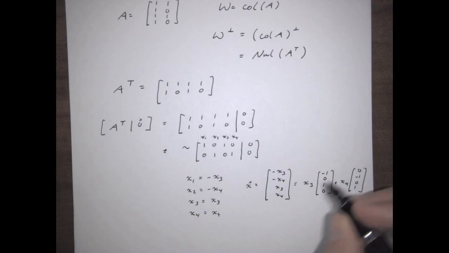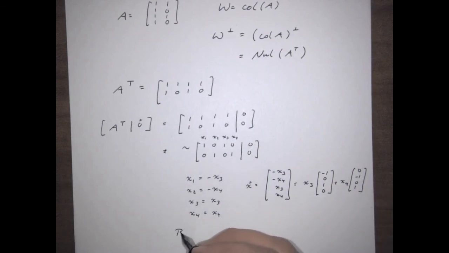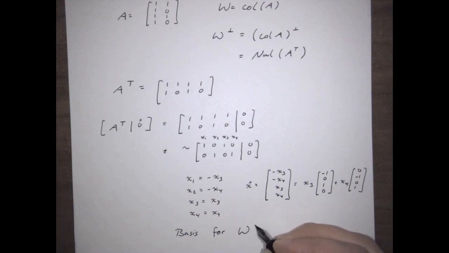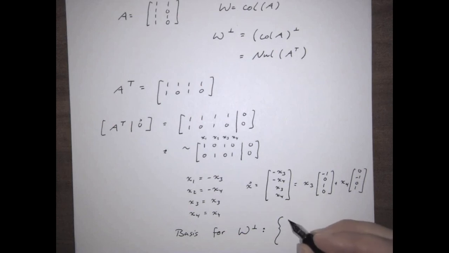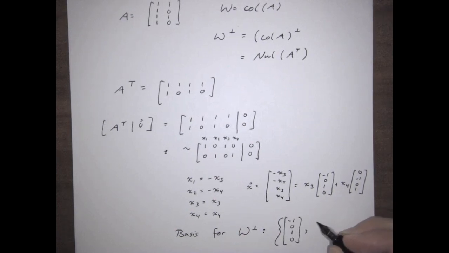And so this is going to serve as our basis. Our basis for the null space, in other words, the orthogonal complement, is going to be these: negative 1, 0, 1, 0, and 0, negative 1, 0, 1.